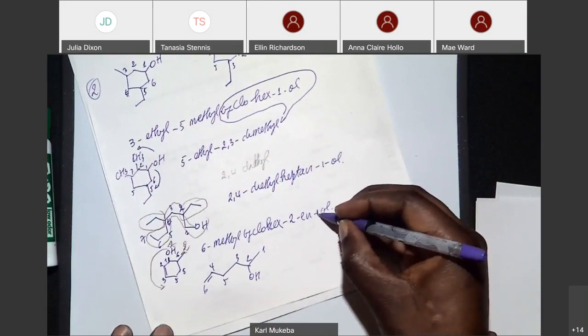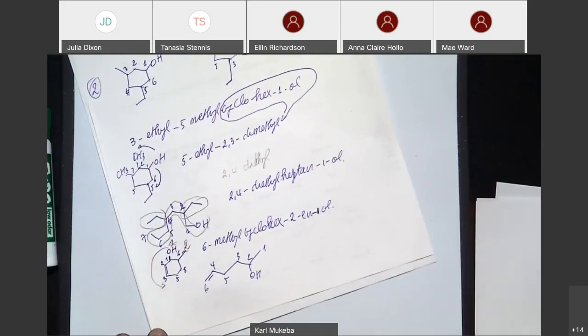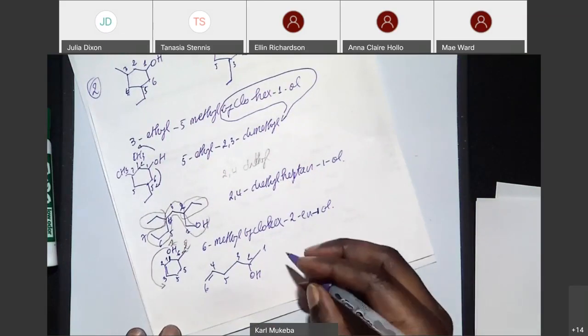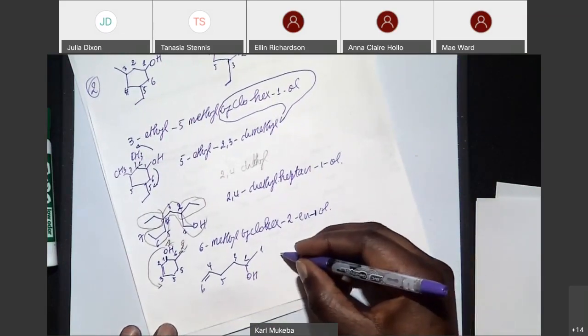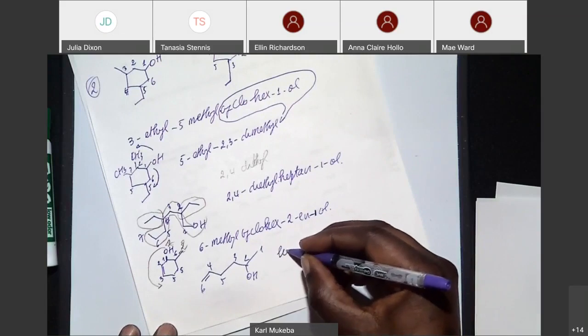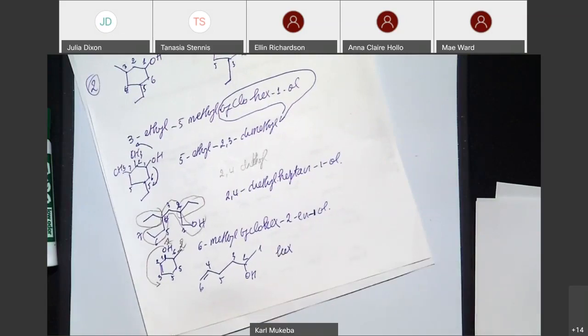It is 1 here. Yeah, 1 on. So we're naming this, we have a 6 carbon, which will be X, right?